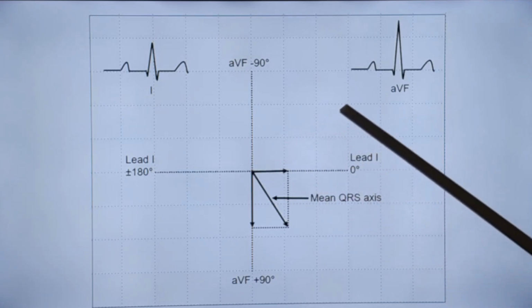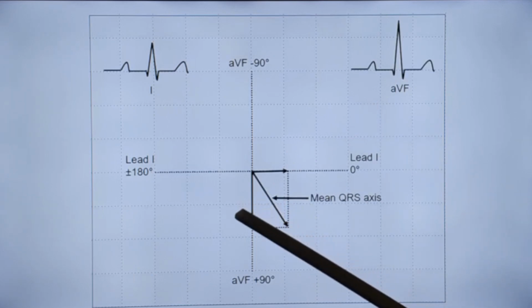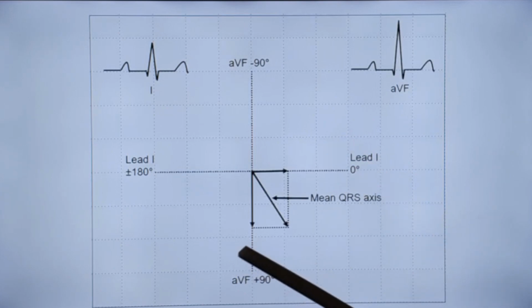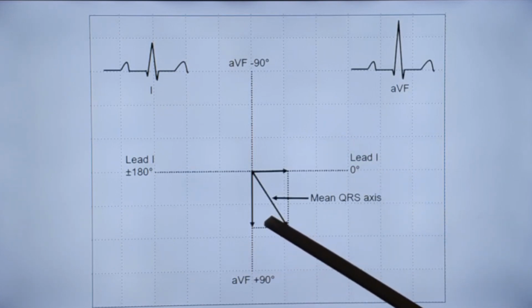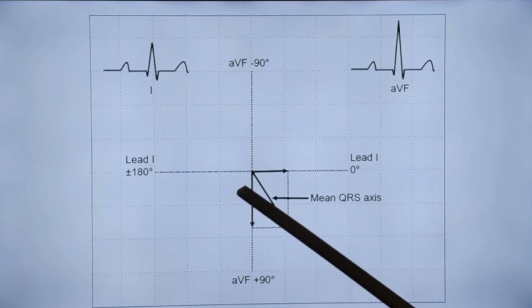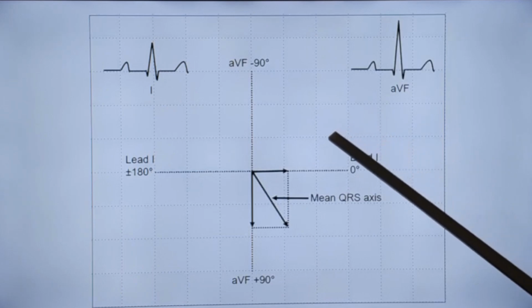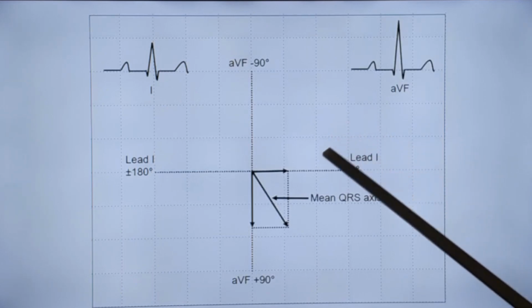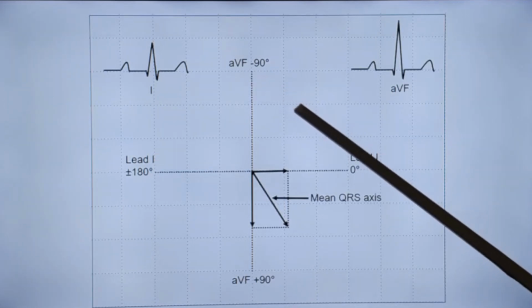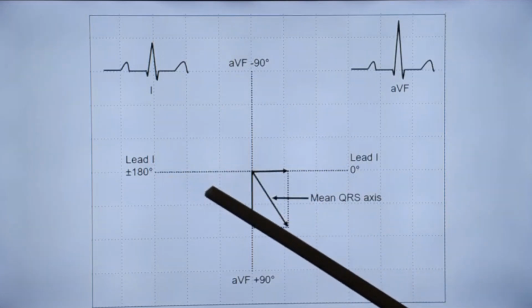If it is less than, say, minus 30 degrees, that is in this region, it is taken as minor left axis deviation, and if it is beyond that, it is taken as true left axis deviation. Sometimes up to minus 30 is also called leftward axis. A true left axis you need in this quadrant, beyond minus 30 to minus 90.